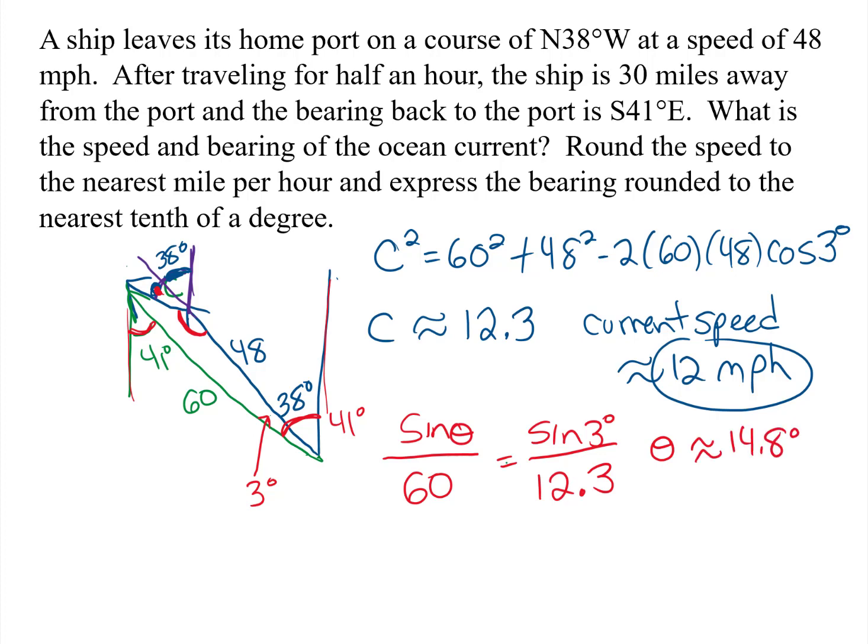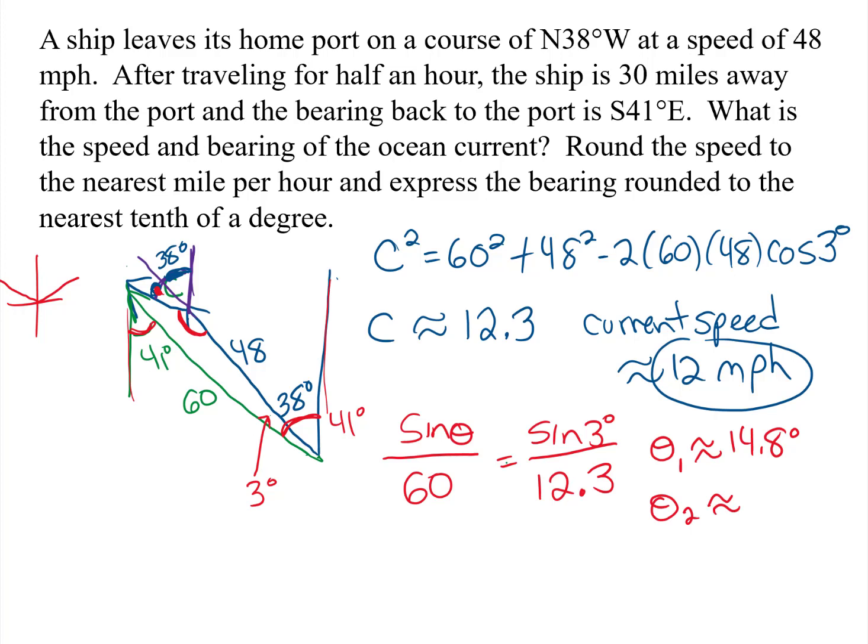But wait a minute, if you look at this triangle, 60 is the largest side, so the angle opposite it needs to be the largest angle, and so it's not 14.8. But remember when I use my calculator to find an angle by doing inverse sine, there are two possibilities. So this is theta 1 and that's not the one we want. Theta 2 would be, my calculator gave me an angle in this quadrant and I want the corresponding angle in quadrant 2.